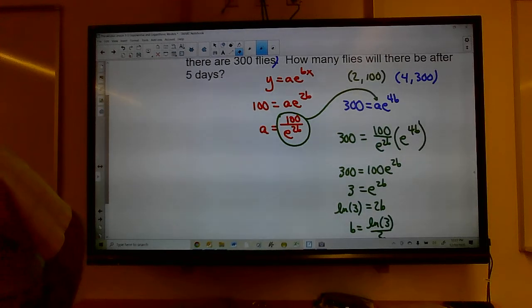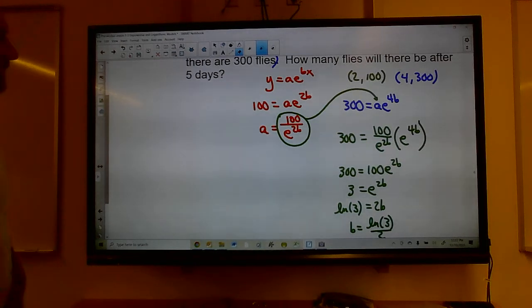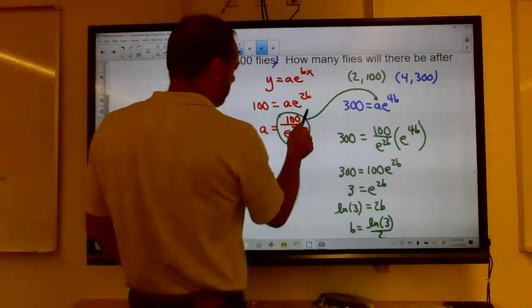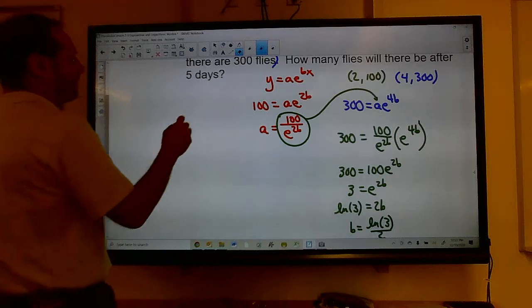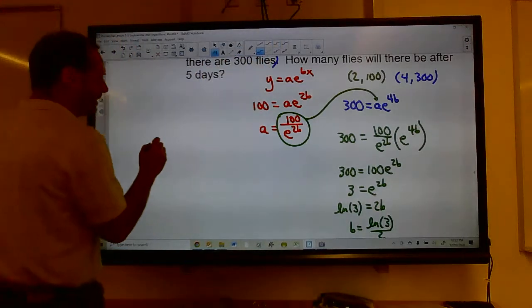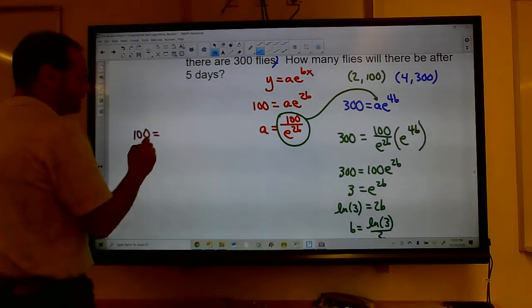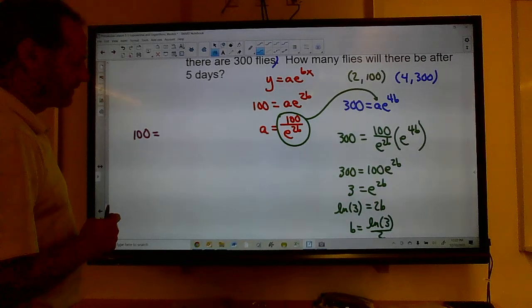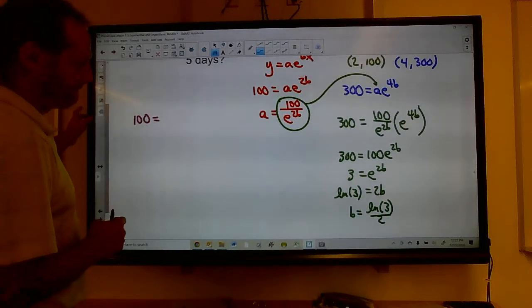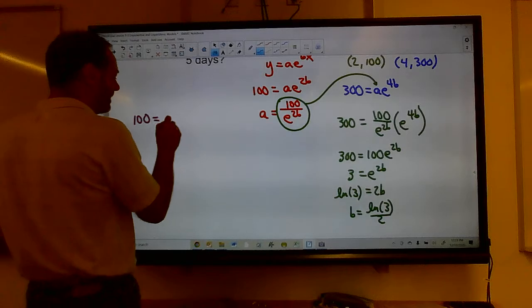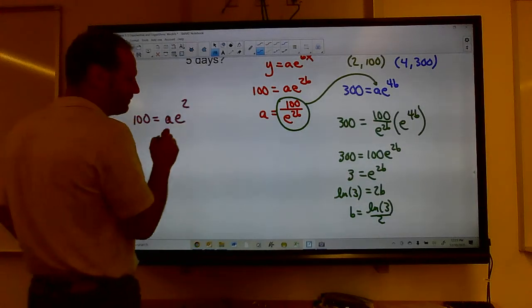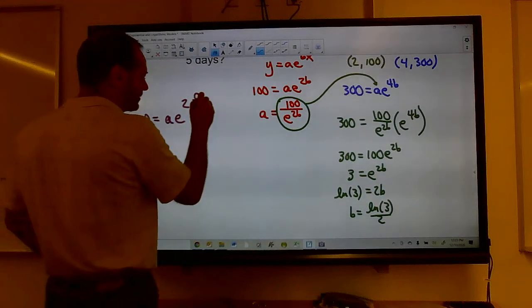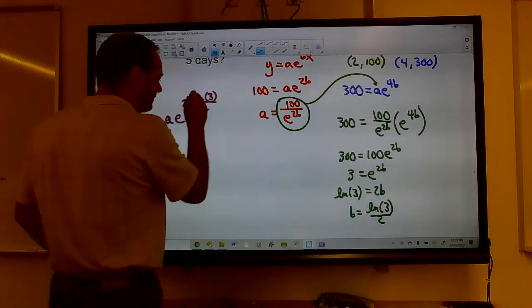So, let's see, I can take that and put that up in here. So, let's go 100 equals a e to the 2b, but b is the natural log of 3 divided by 2.